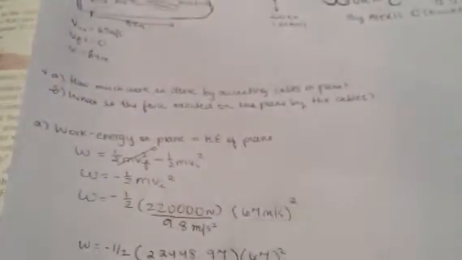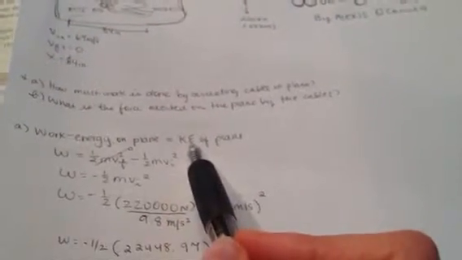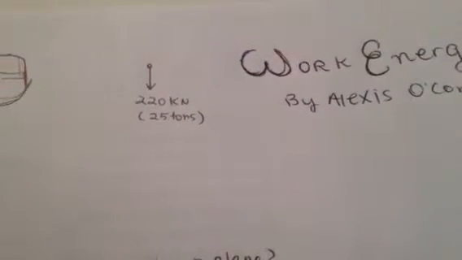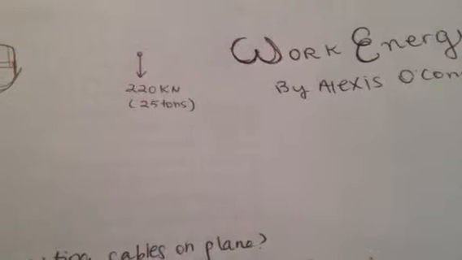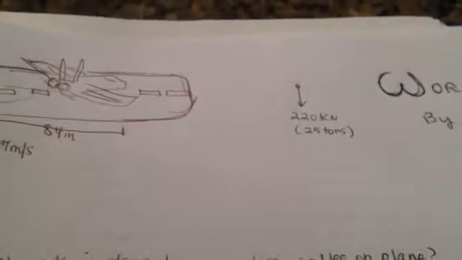In order to find the work on the plane, we have to use the kinetic energy. We're not going to use potential energy because we don't have any forces in the y direction. We're given the weight, 220 kilonewtons, which is also 25 tons, which is a very heavy airplane.